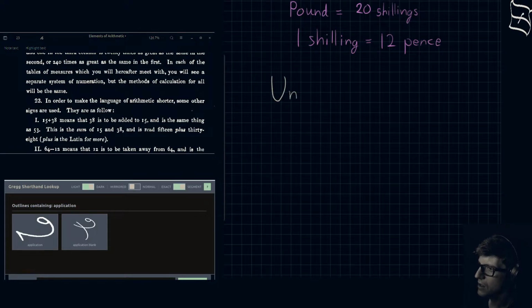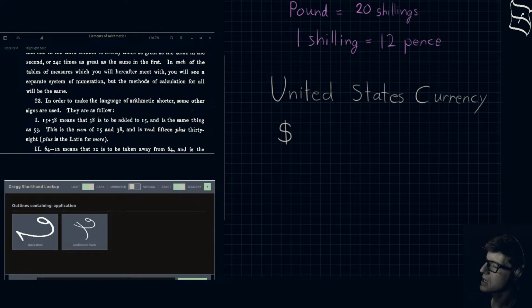Okay, United States currency. Just to put things in context, right? So in the United States currency, first of all, we use a different symbol. We use the dollar sign, the dollar, the almighty dollar.